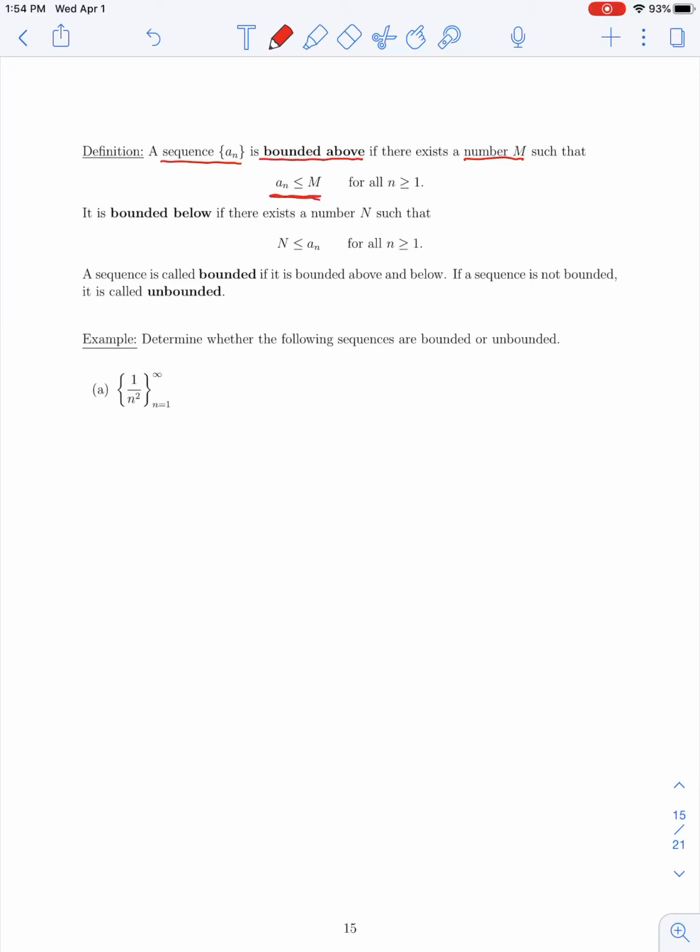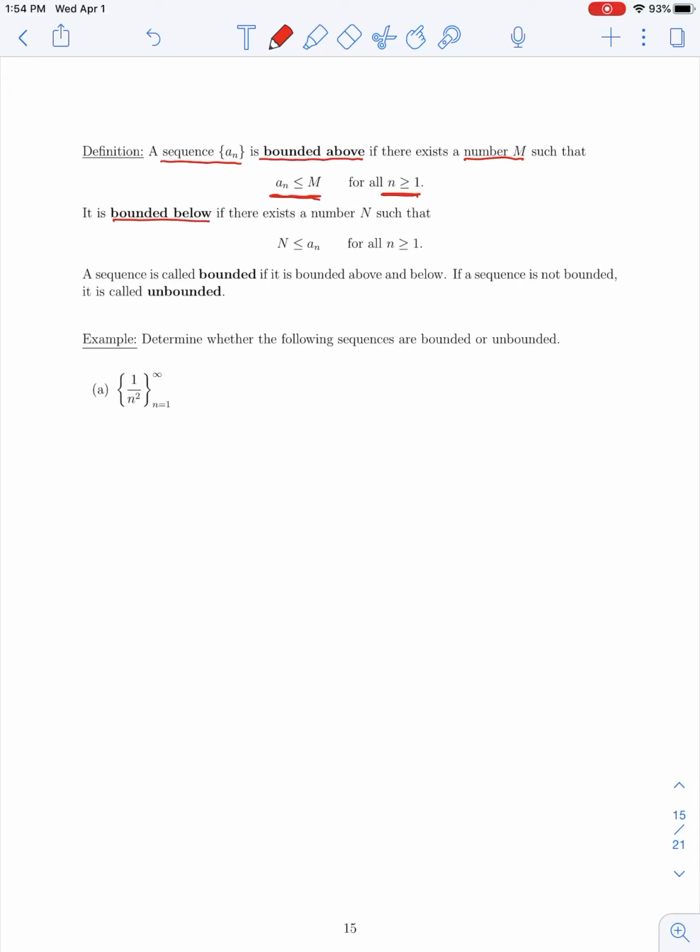We would say a sequence A sub n is bounded above if there exists some number, capital M, such that the terms of our sequence A sub n are always less than or equal to M for every value of n.